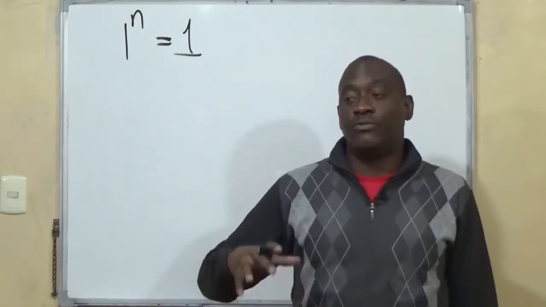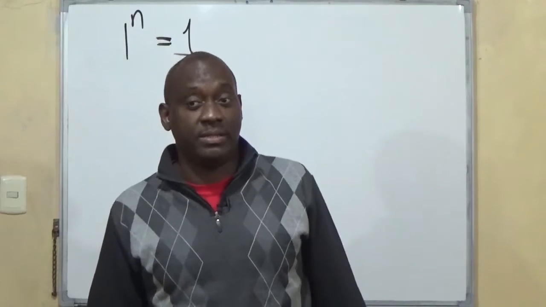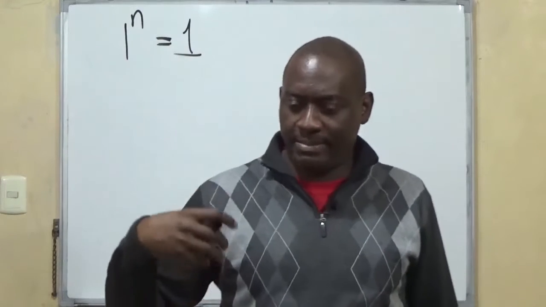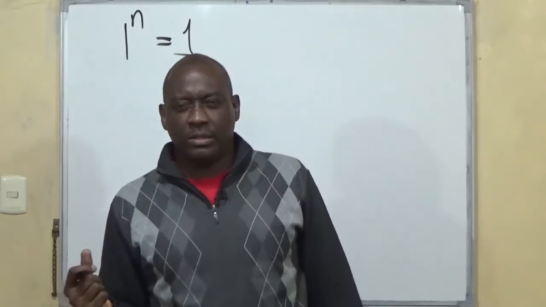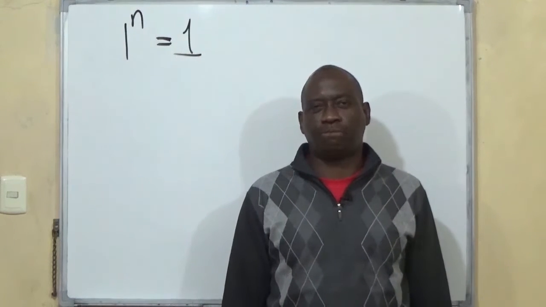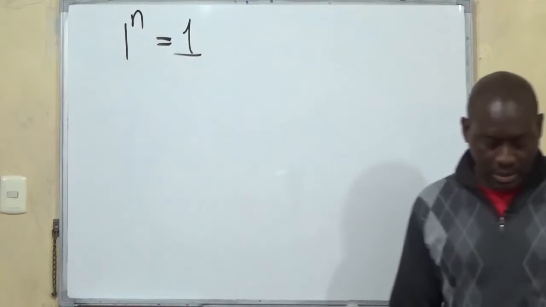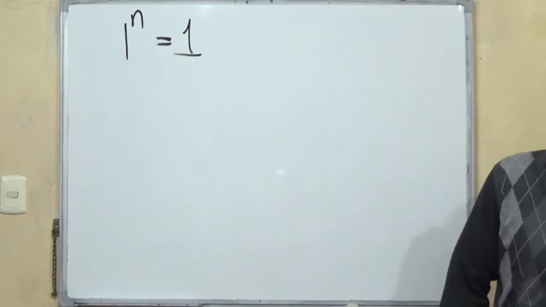That 1 raised to any power is equal to 1. It doesn't matter what the power is. It doesn't matter what the mathematical nature of the power is. The answer will still be 1.